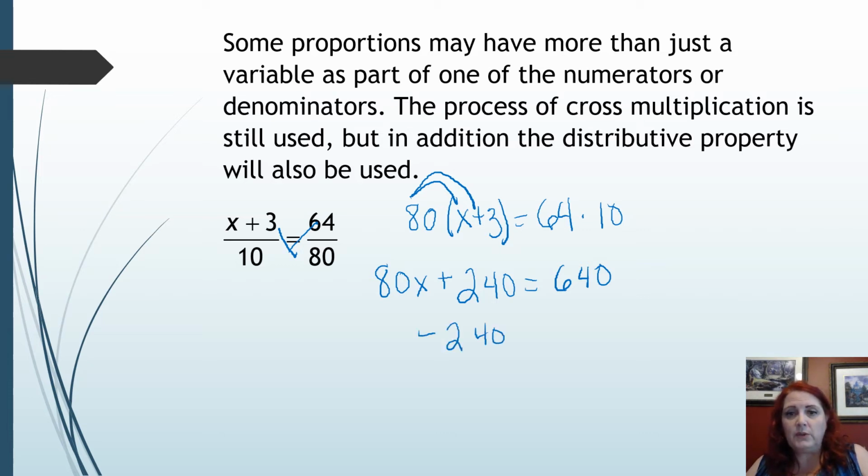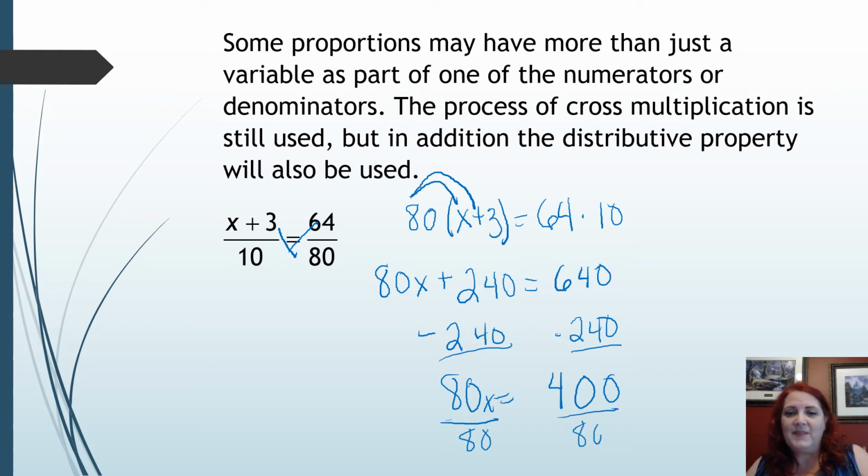We're going to subtract 240 from each side of the equation, and we get 80x is equal to 400. Then I'll divide by 80, and the 80s cancel. I get x equals 400 divided by 80, which is 5.